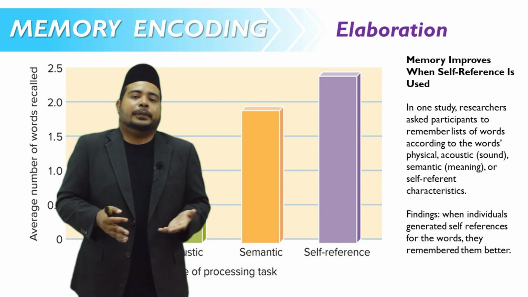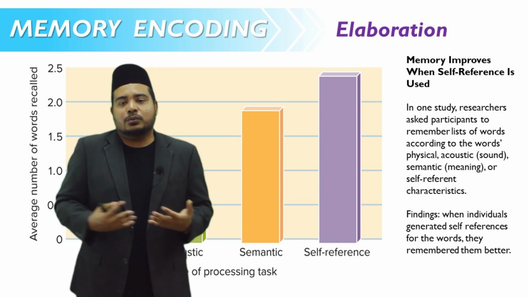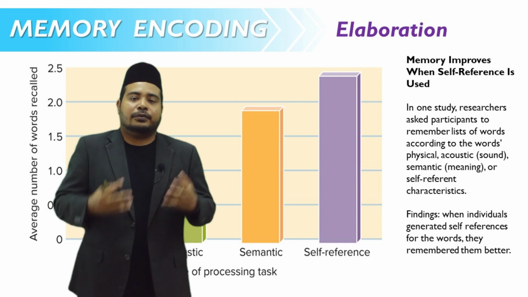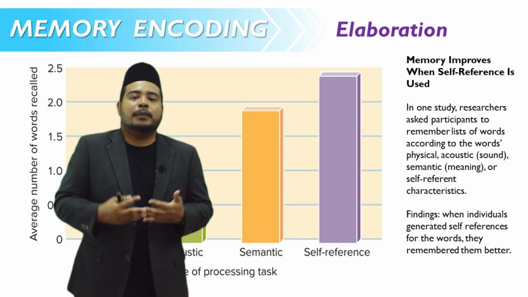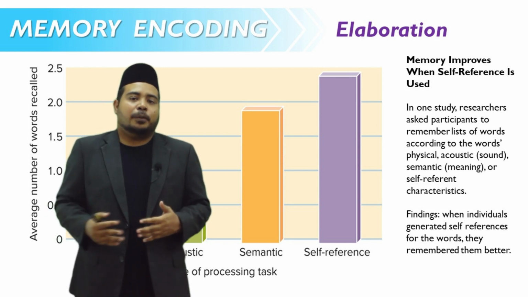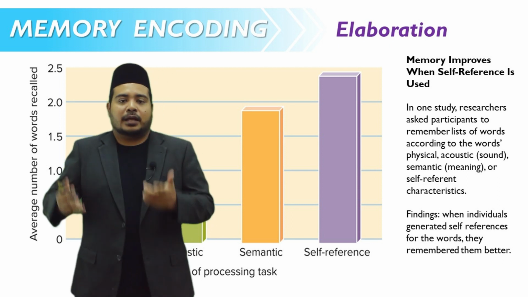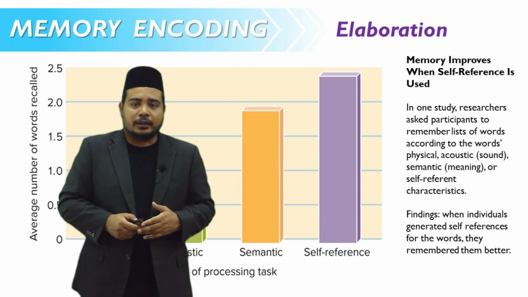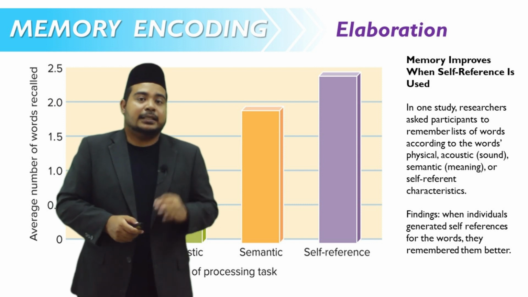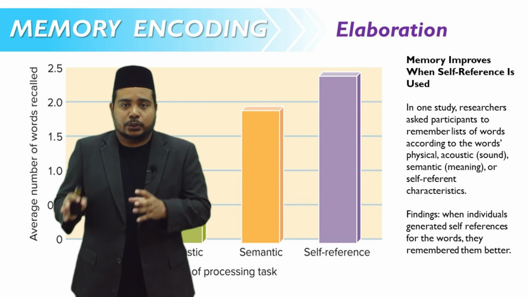Research found that when individuals generated self-reference for the new words they learned, they remembered them better compared to when they focused on physical features, acoustic, and semantic elaboration. So that is the third process involved in encoding.